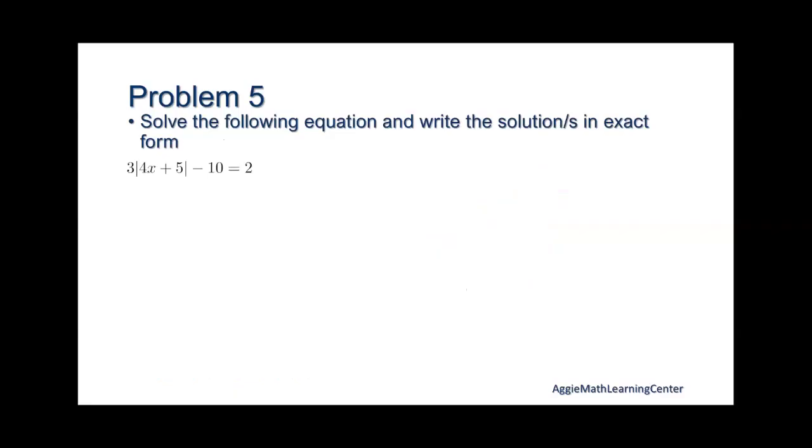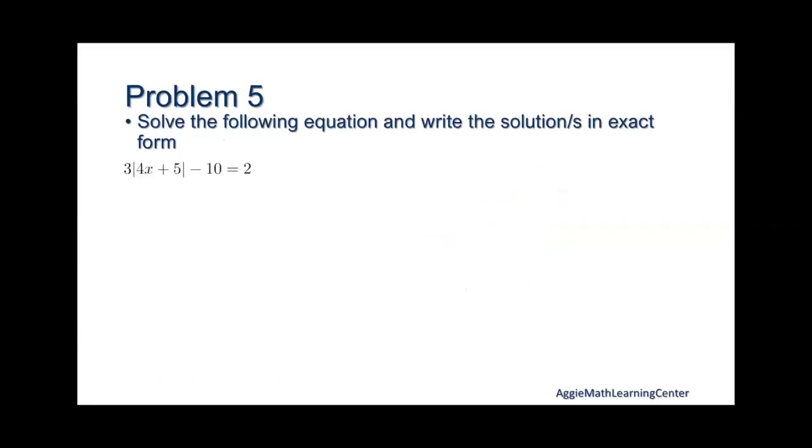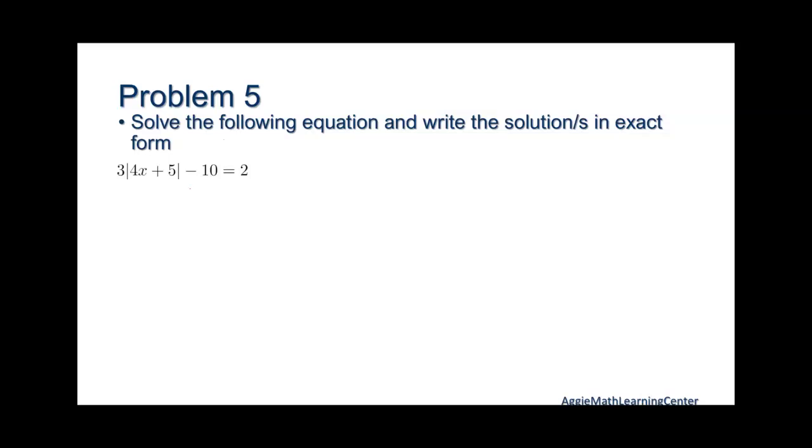All right. So how do we want to start this problem? By adding 10 to both sides. And then, what do we want to do next? Divide out the 3.